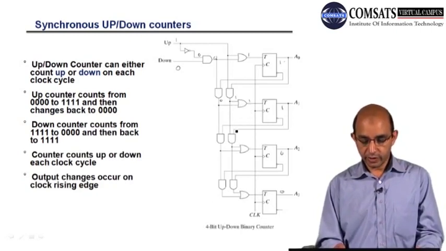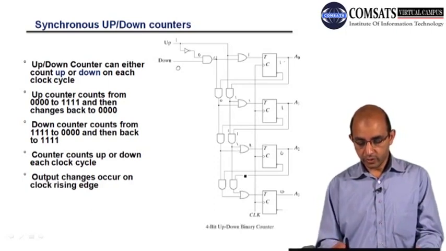So this 1 will propagate here. This is 1, so again 1, and we will be having a 1 here. And this is 0, this is 0, this is 1, we have a 0 here.